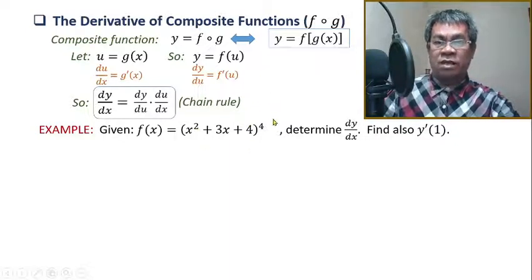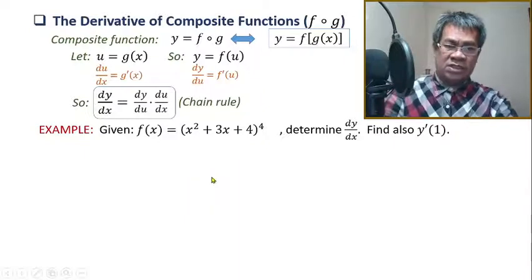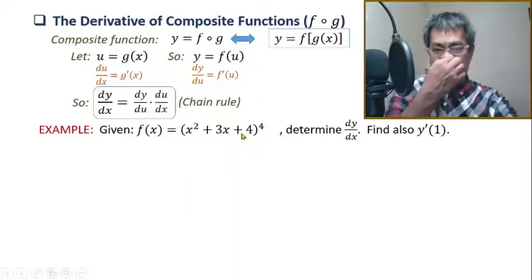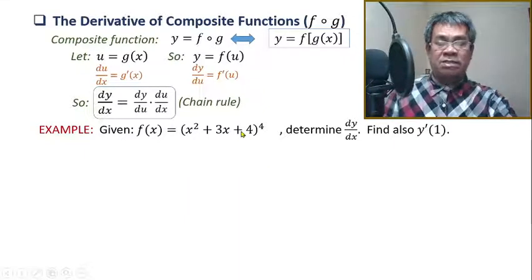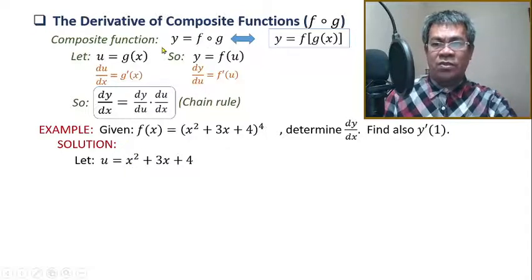But we now have the composite function or chain rule, and the simplest way is to use the chain rule. Again, we can still apply the expanded form of this function. You can do it. But for the sake of this topic, we will use the chain rule. So let u be equal to x squared plus 3x plus 4, all of them raised to 4.